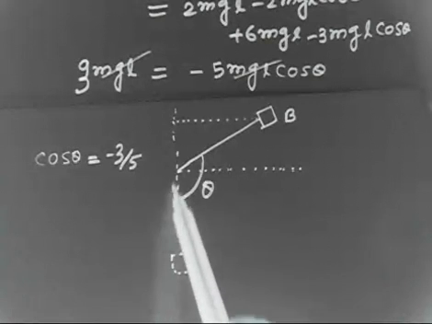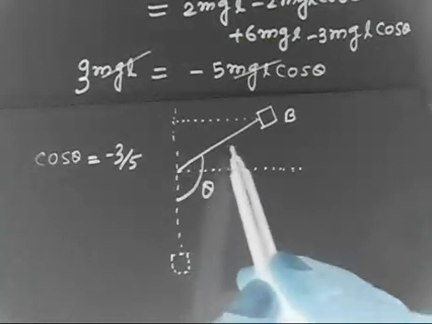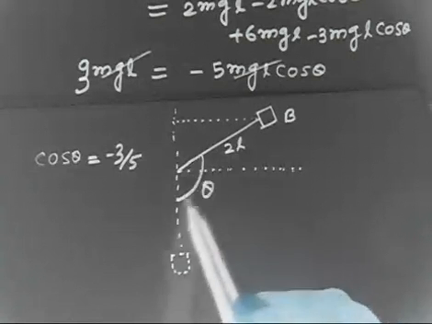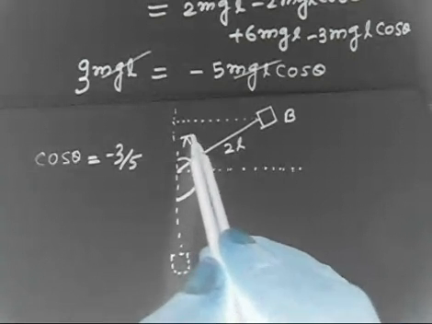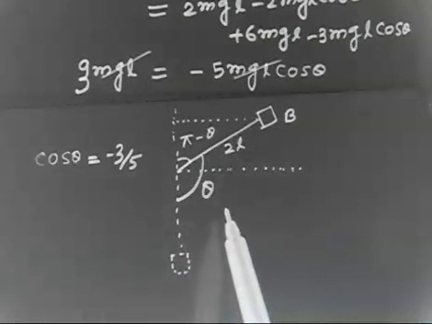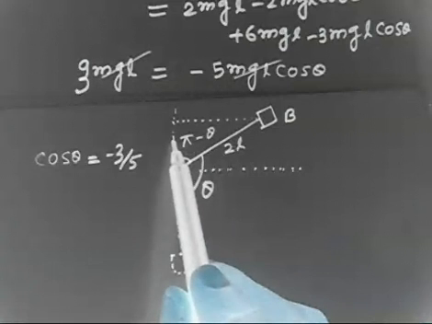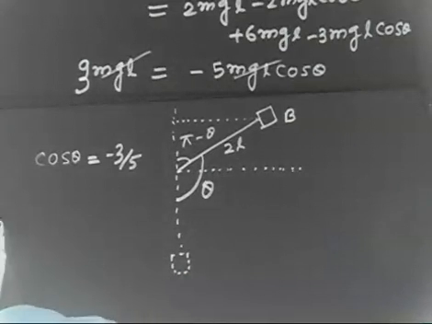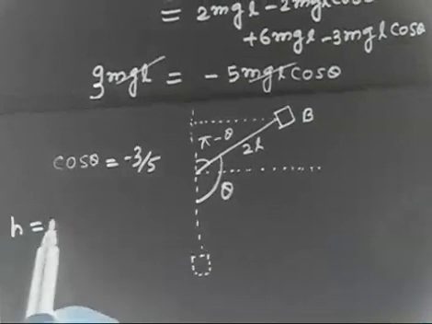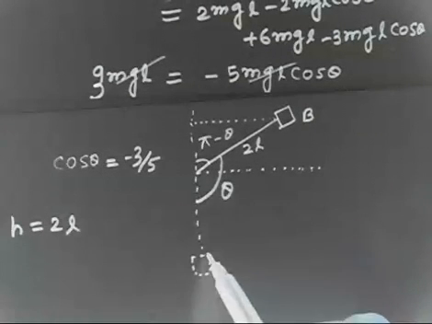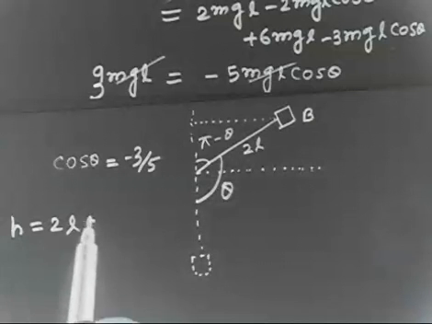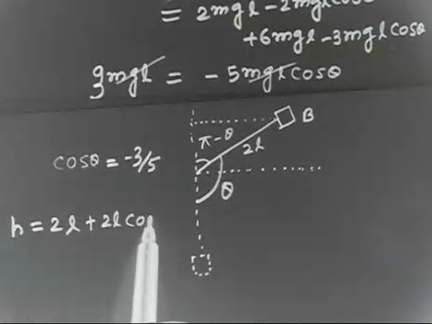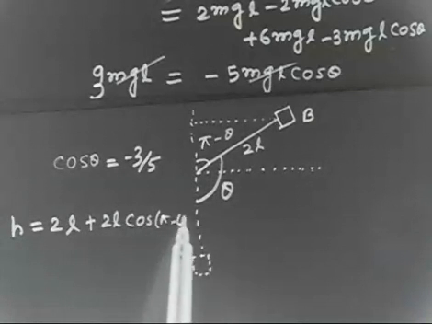So 2L is the total height, plus this angle is 2L. If this angle is theta, then this angle is pi minus theta. Are you getting or not? So this is 2L cos(pi minus theta). So the total height from the ground equals 2L, that is this height, plus 2L cos(pi minus theta).